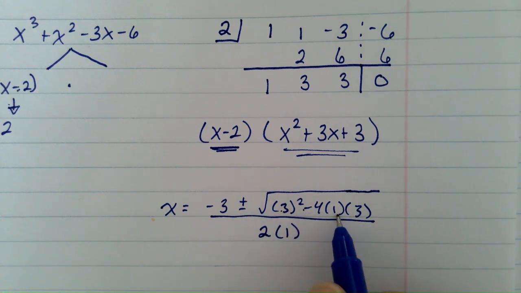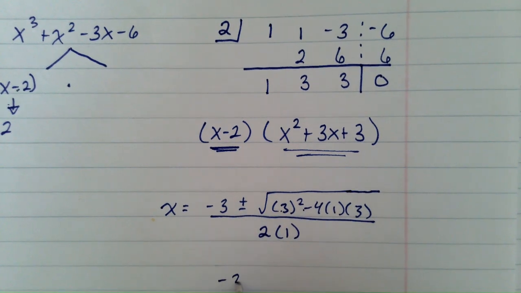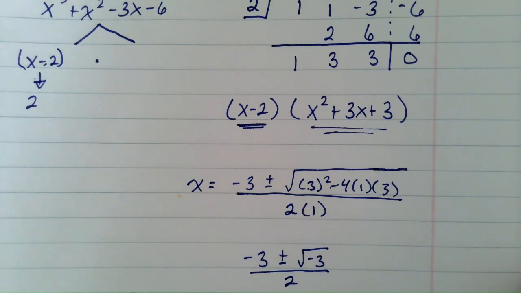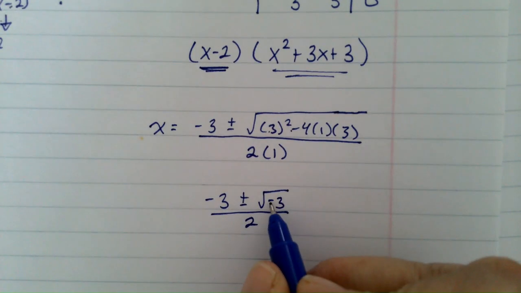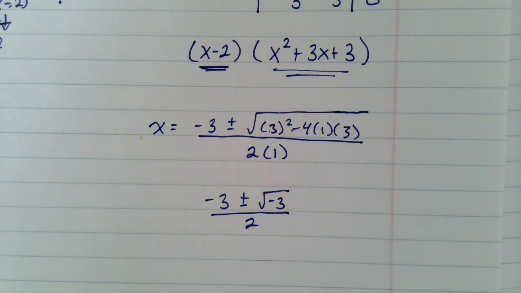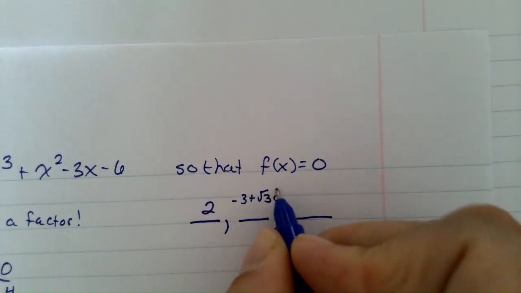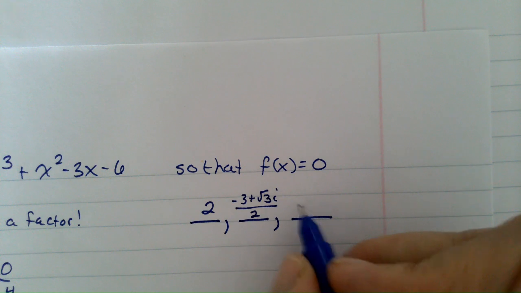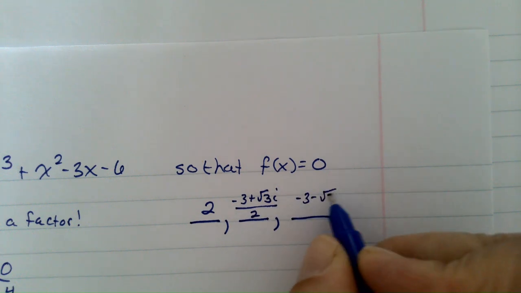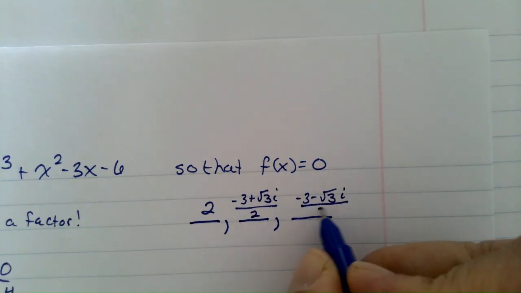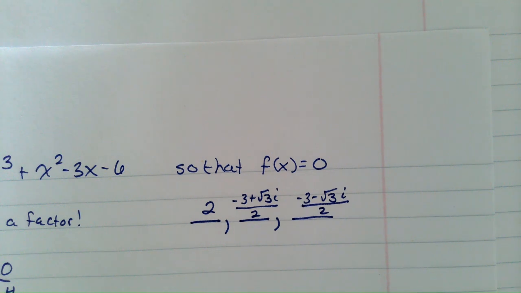Okay, 9 minus 12, that's negative 3. Because of that negative, we're going to have an imaginary. So we'll have negative 3 plus root 3i over 2, and negative 3 minus root 3i over 2. We have 3 solutions. 1 real and 2 imaginary, but we have 3 solutions.